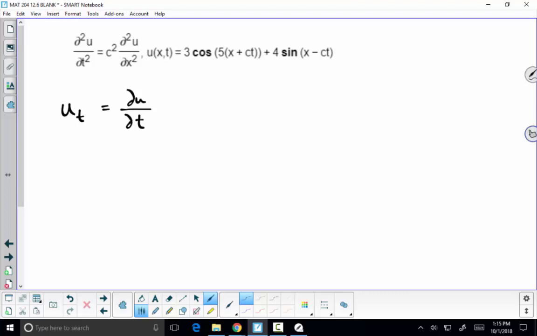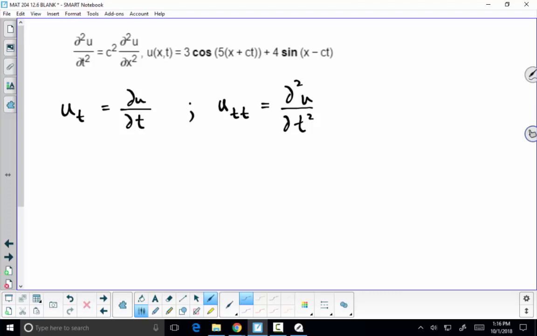From there, we can partially differentiate again, so we could go to u sub tt, which is the second partial of u with respect to t. Those two notations are the same.